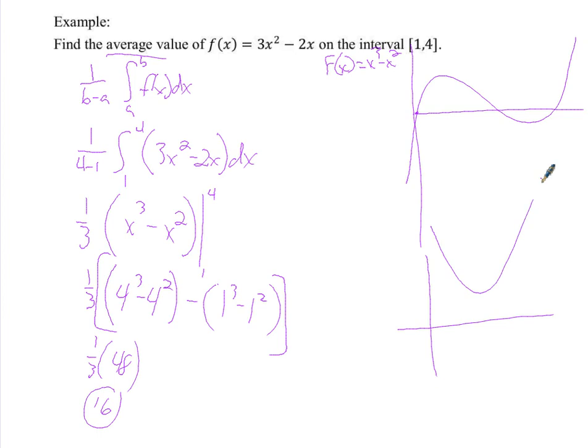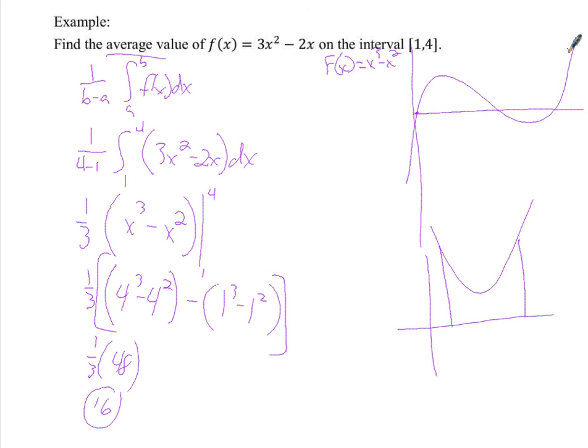And then if I integrate from 1 to 4, so there's 1, there's 4, I can find that area. So that area would give me how much the function has changed from here to here. When I go up here, the actual function, I'll be way up here at 4. Probably.